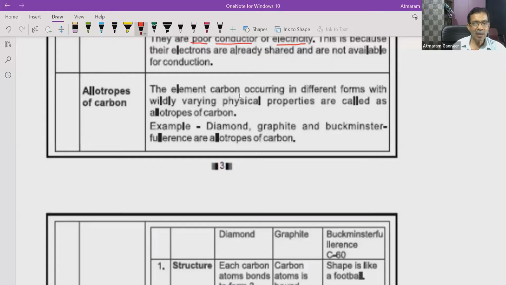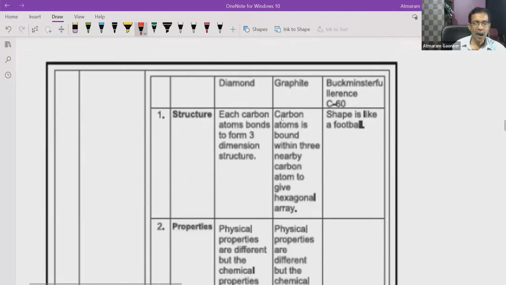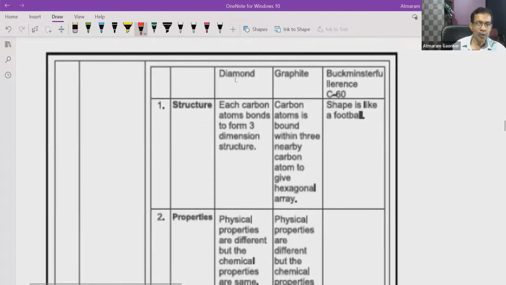Now, forms of the element carbon occurring in different forms with widely varying physical properties are called allotropes of carbon. So they have widely varying physical properties. Now, here I will show you there are 3 allotropes.